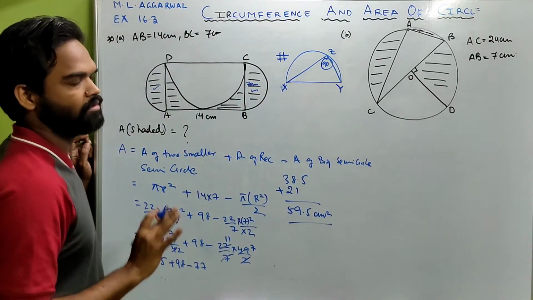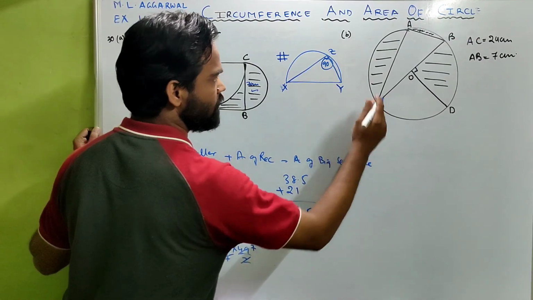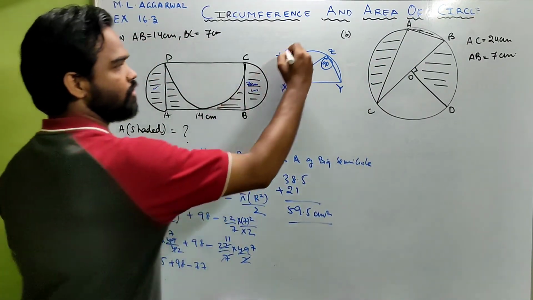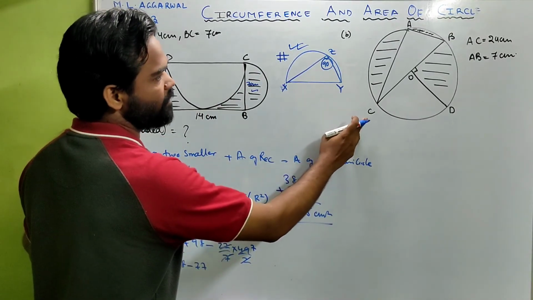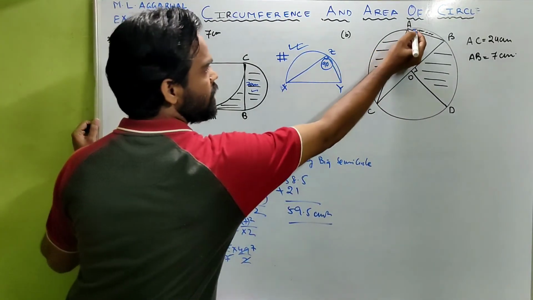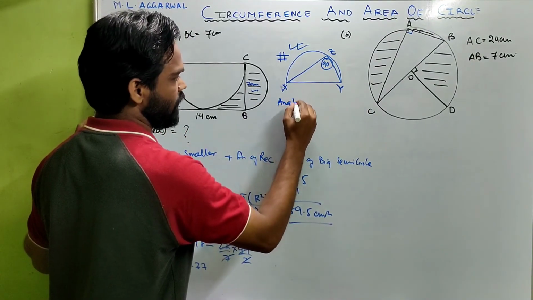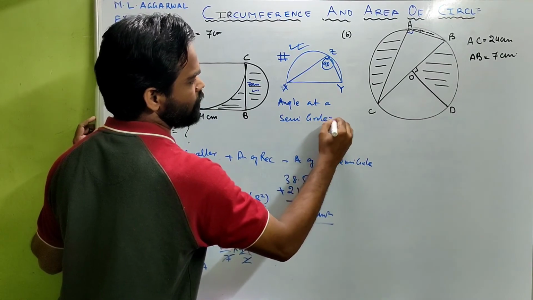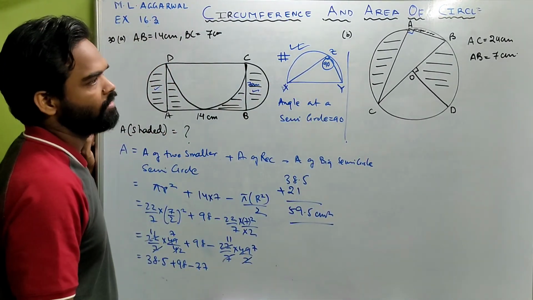Remember this for now, which means if you look at triangle ABC, BC is the diameter. Remember this theorem. Now, ABC is the triangle in which BC is the diameter. So, angle A, according to this theorem, this is angle at a semicircle. Angle at a semicircle is always equal to 90 degrees. We'll do the proving. I'll make a video on this later.